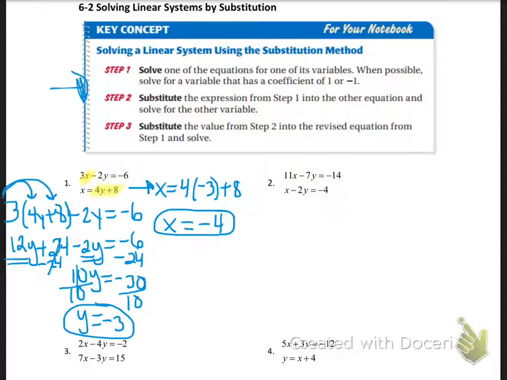Okay? Be sure, you can just check on your calculator, be sure to plug this in to both equations to make sure it stays true. All right, we'll do another one together.